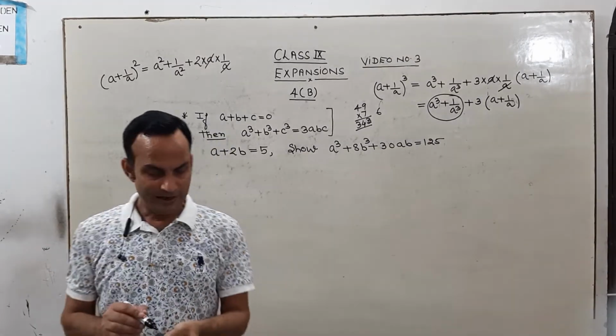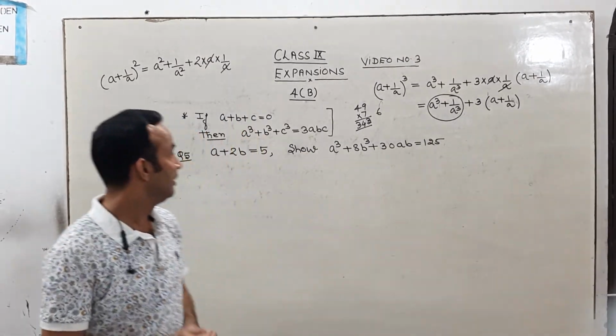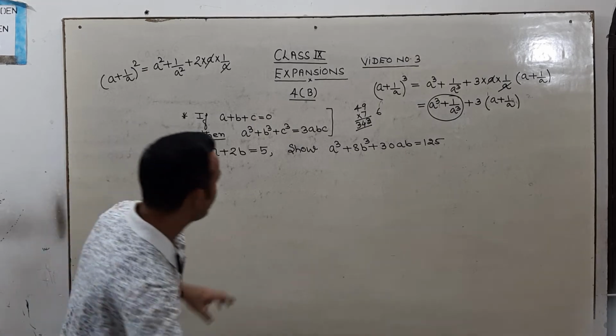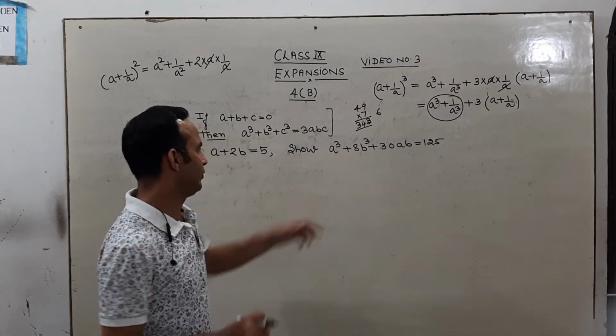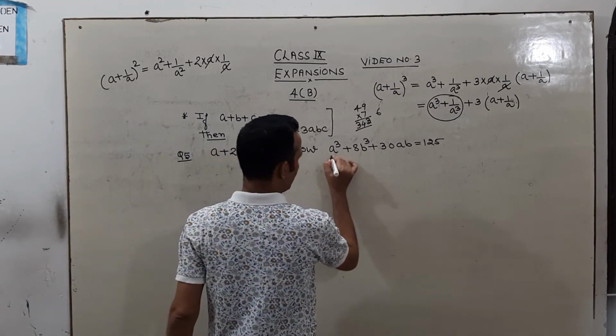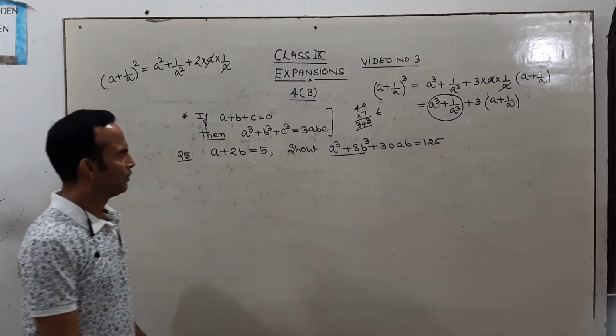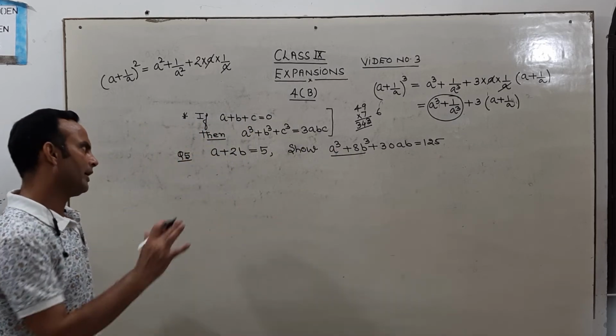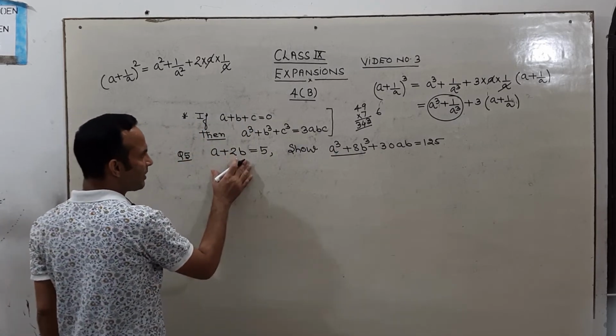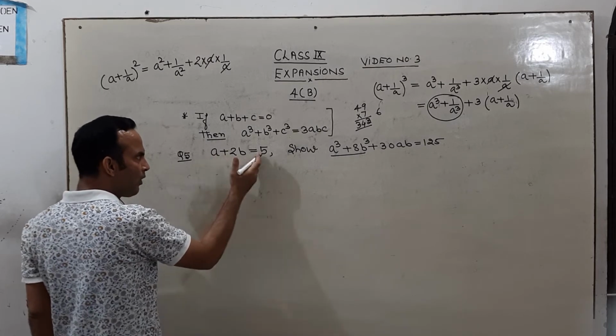Now, dear friends, see, we have to show a cube plus 8b cube. Again, you can see the cube has entered the problem. Okay, to solve this problem, find the cube of both sides.